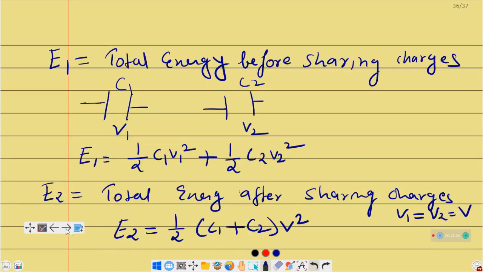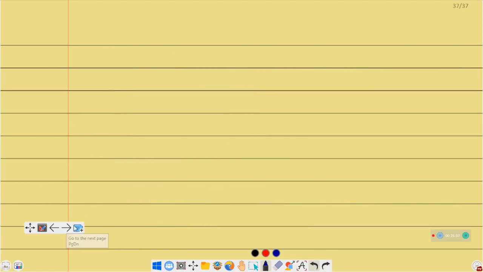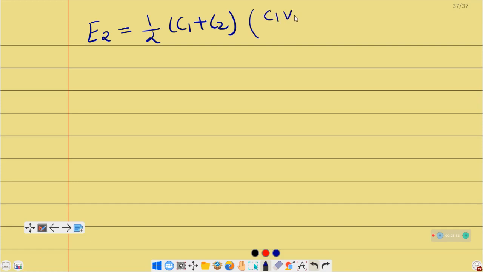So E2 equals half C1 plus C2, and V is C1 V1 plus C2 V2 upon C1 plus C2, the whole square.